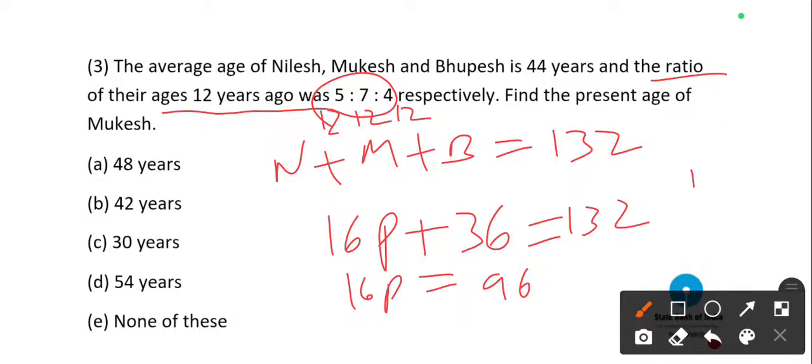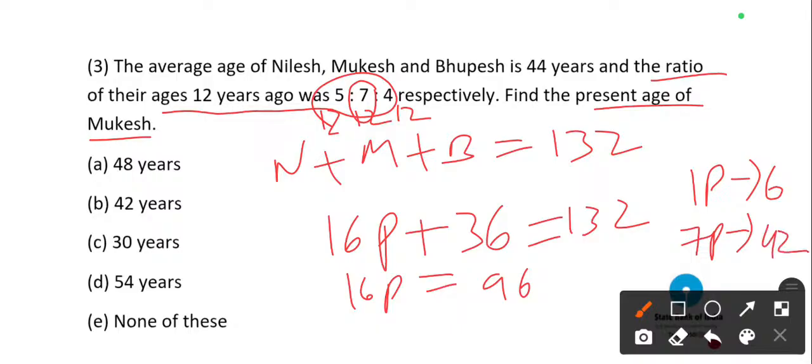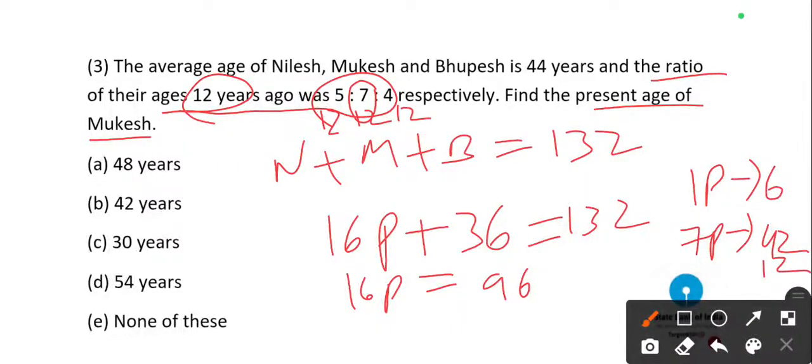So one part value will be 6. The question asked is find the present age of Mukesh. Mukesh is the middle one, 7 parts. 7 parts value will be 7 times 6, 42, and it is 12 years back. So adding 12 to this one, we reach 54. So 54 is the present age of Mukesh.